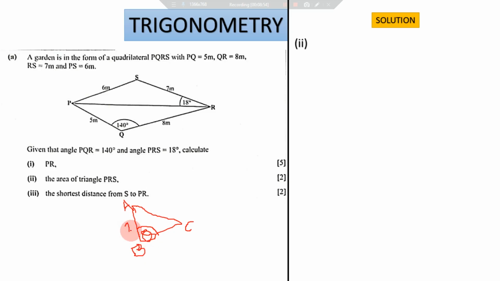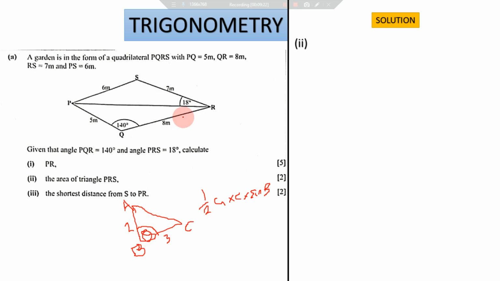For instance, if they've given me a 2 here and maybe a 3 there, then angle B can be used because it has both adjacent sides. So on my formula it will be half, then the adjacent sides, small letter a times small letter c, times sine of B, the angle B. This is how we're going to write it.